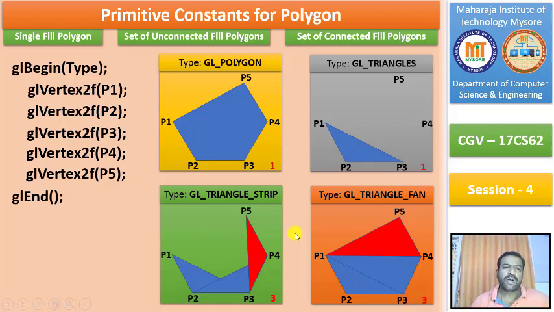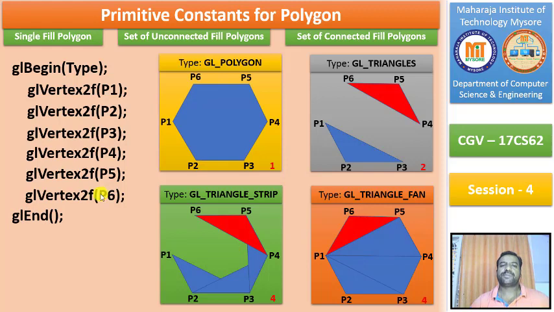Fine. So now what if I'm going to have a 6th point? Hence I'm going to have a hexagon here, and now just observe, I've got 2 triangles now. The first triangle between 1, 2, 3, the second triangle between 4, 5, 6. That is how the GL triangle works. So now there are 2 sets here, but GL polygon is still 1 set, hence it remains constant.